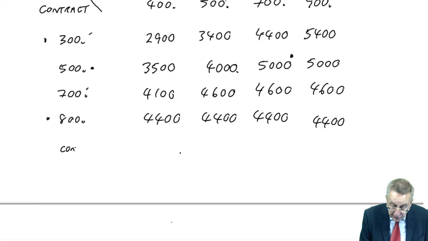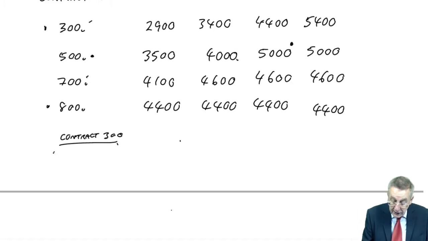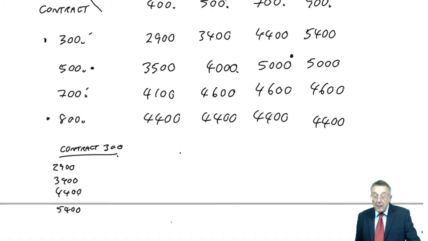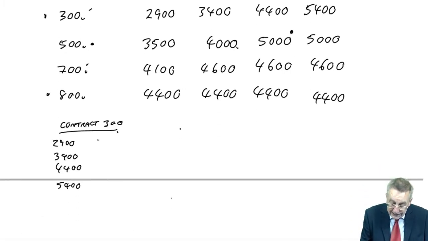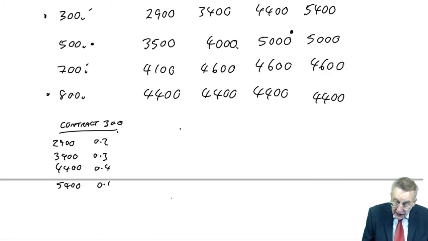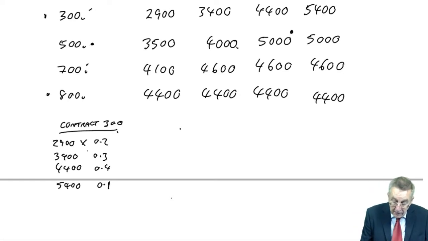First of all, if we contract for 300, depending on the demand we'll get either 2,900, 3,400, 4,400, or 5,400, and we know the probabilities that go with each of them: 0.2, 0.3, 0.4, 0.1. To get the expected value, we multiply by the probabilities and add up.